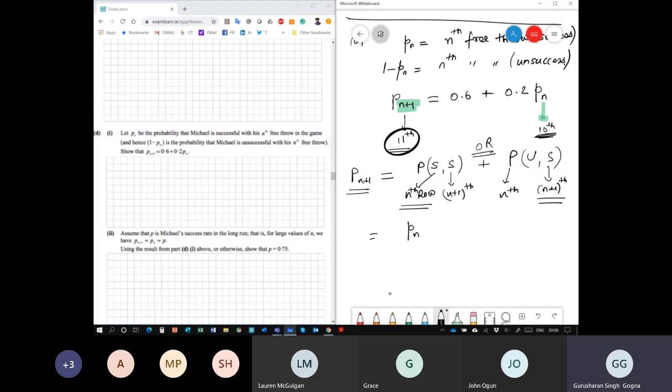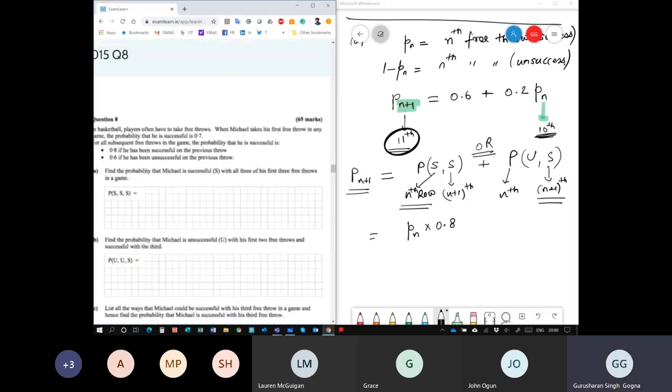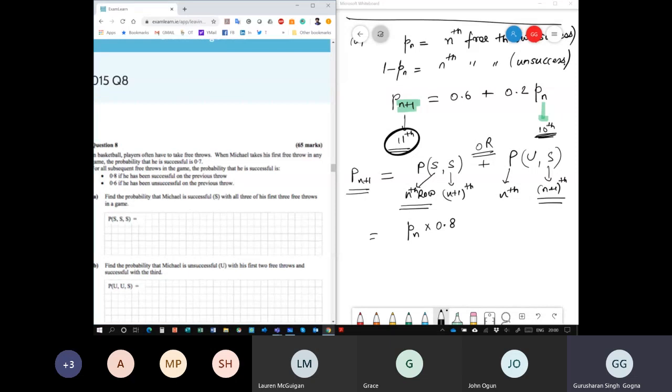And the n plus 1th throw then should be 0.8. If Michael is successful on the previous throw, the probability is 0.8.